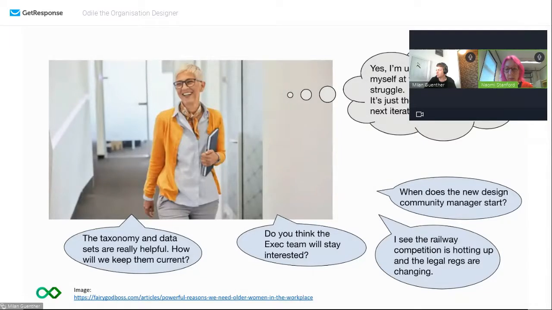But what I hope you've taken away from this quite gallop through is three things. One, that organization design contexts are very complex, regardless of the scale that you're operating at. So recognize the complexity of the organization and its environment.